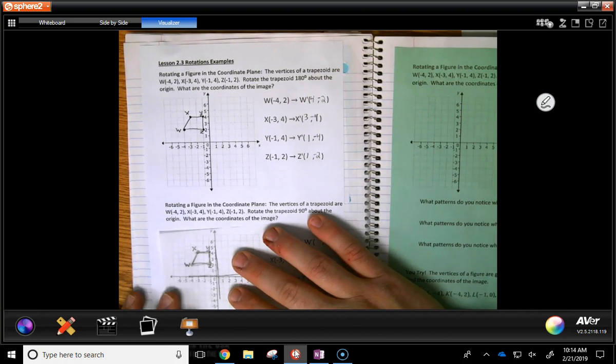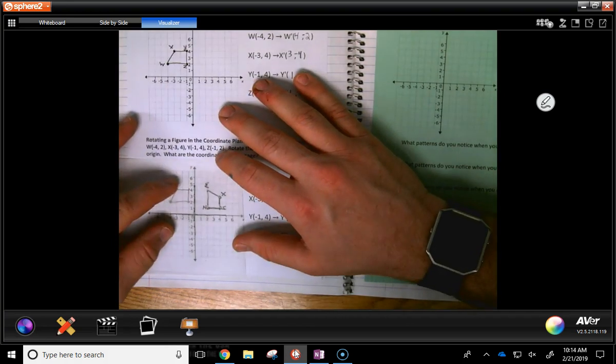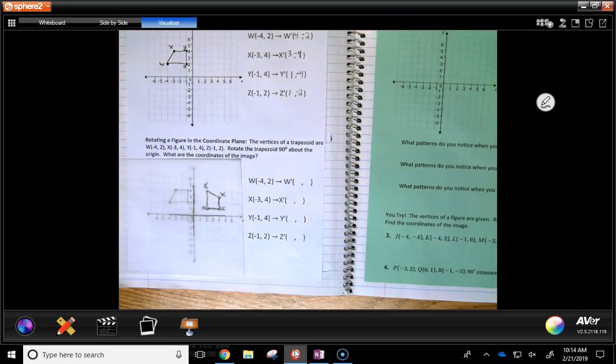You told me 90 degrees is how many turns? So everyone should turn their paper like this. This is what's helping you. I'm trying to help you guys have a visual. This makes it easier. Everyone, when you turn, your trapezoid should be in quadrant what? 1. Remember, top right is quadrant 1.